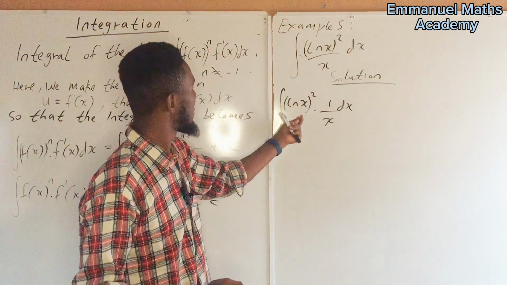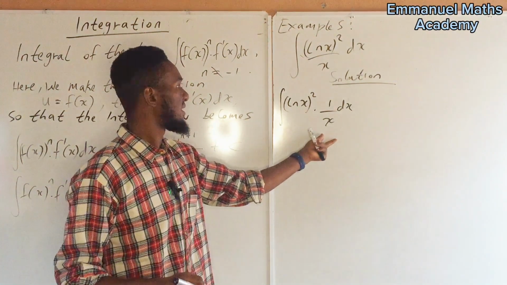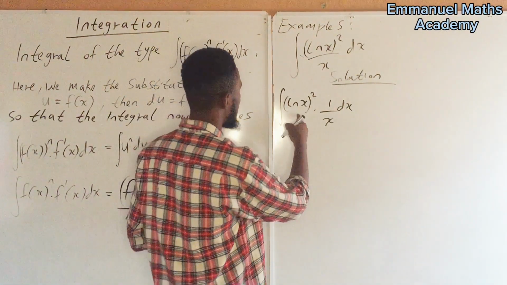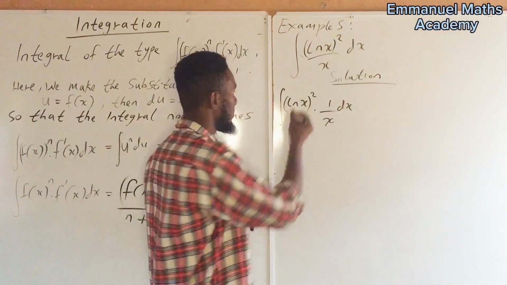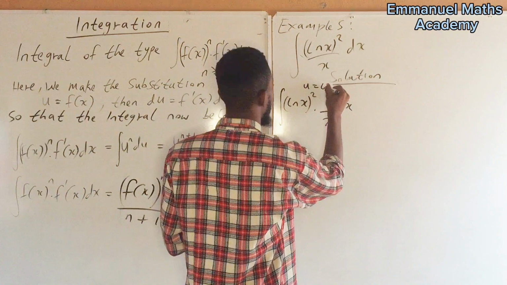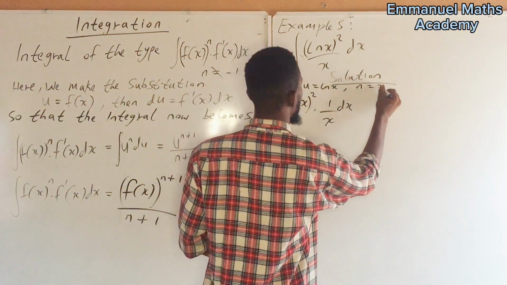When you differentiate ln x, you have 1/x. So this is your u, and your n is 2. Let's say our u is ln x and our n is 2.